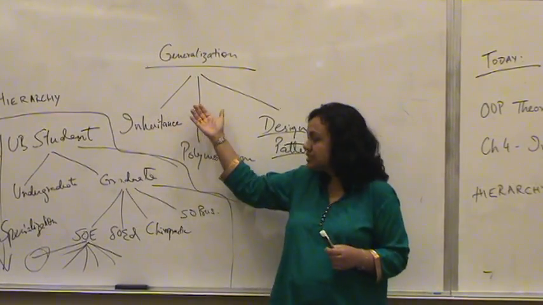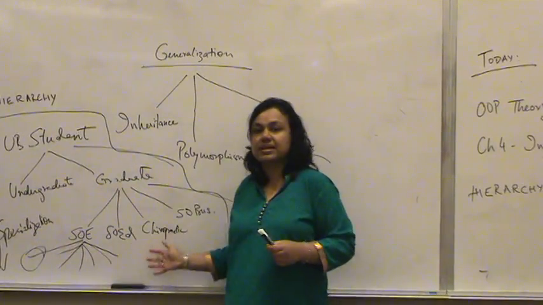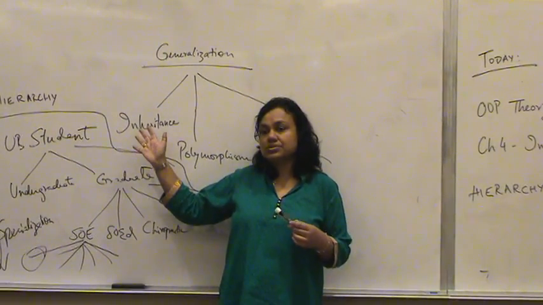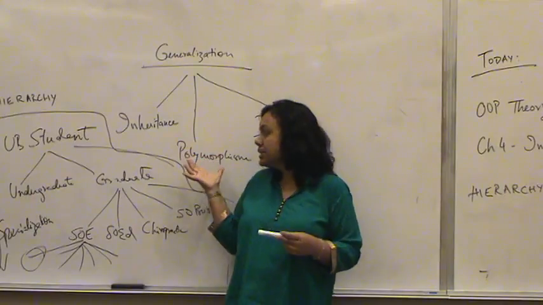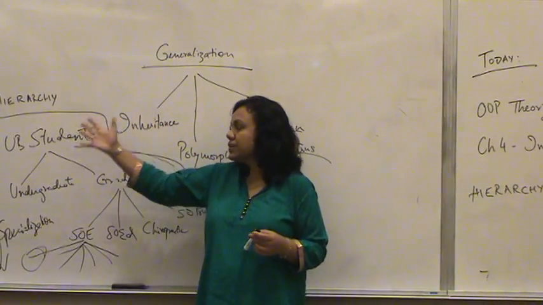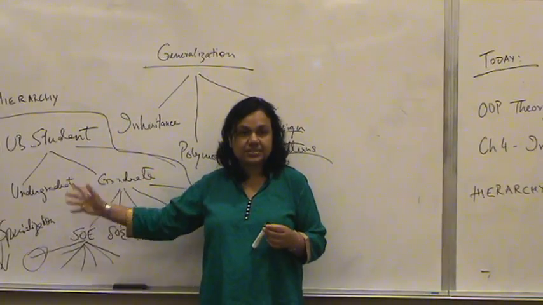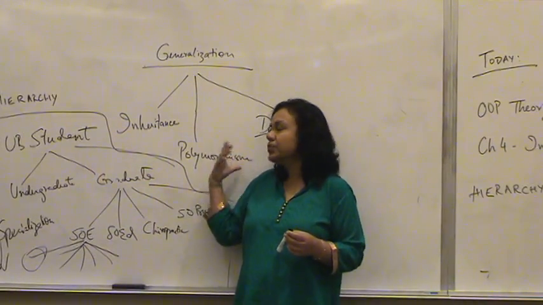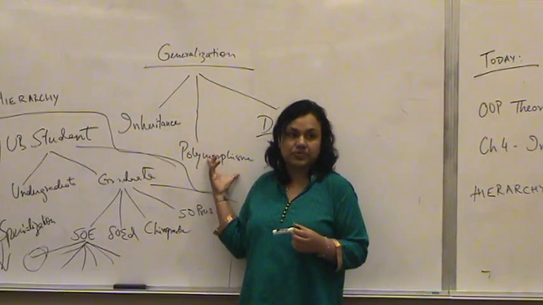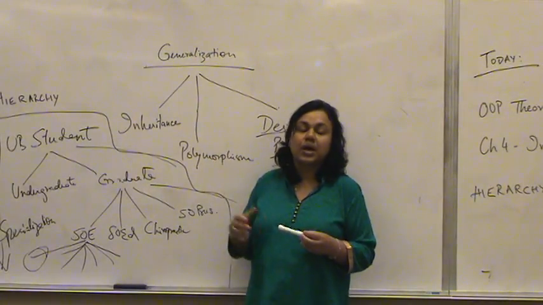So polymorphism works in this kind of an environment. So therefore, I will tell you what polymorphism is, but I would rather have you strong in inheritance before we bring the more technical aspects of polymorphism to work.